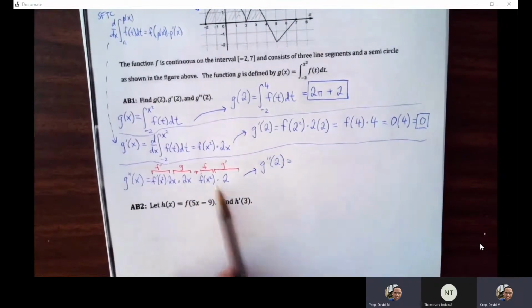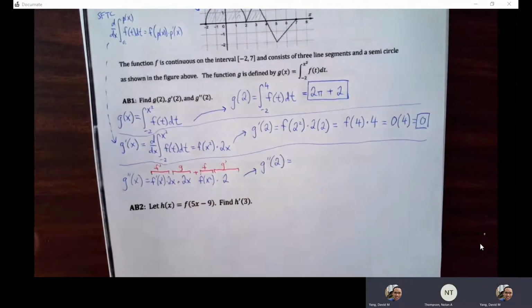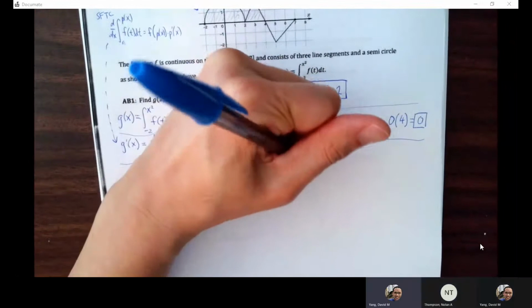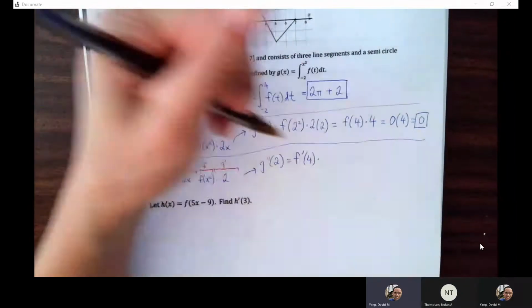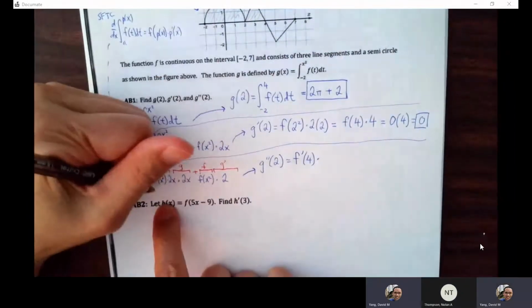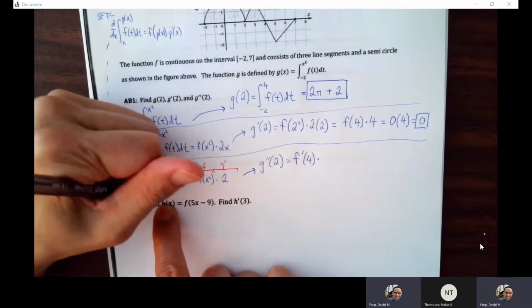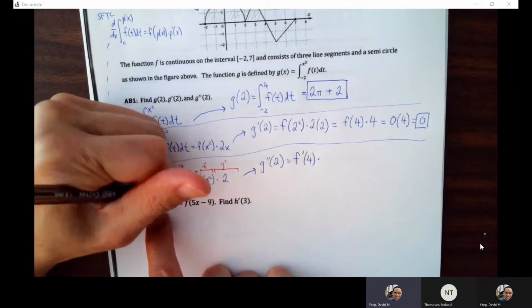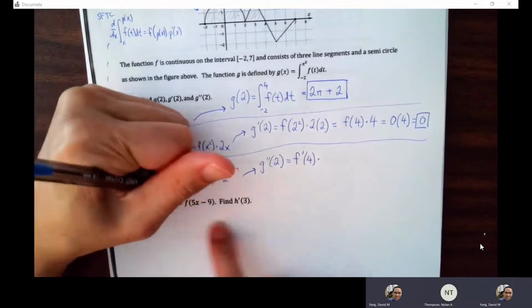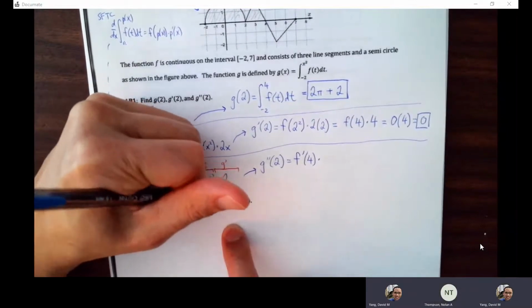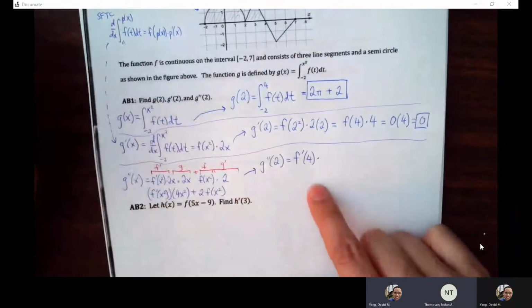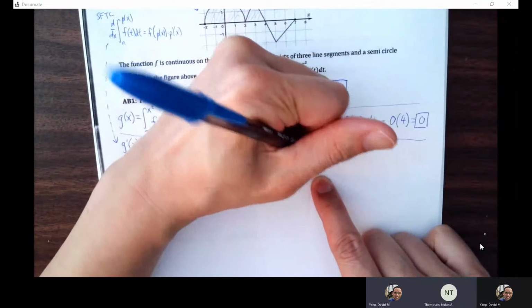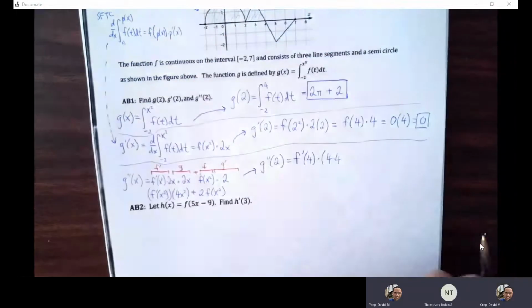I'm just going to enter 2 in for x. Yeah, that's fine. 2 squared.